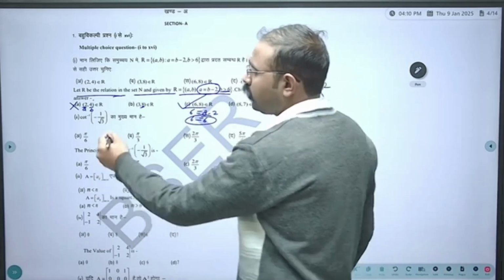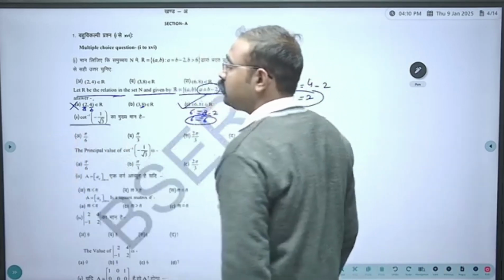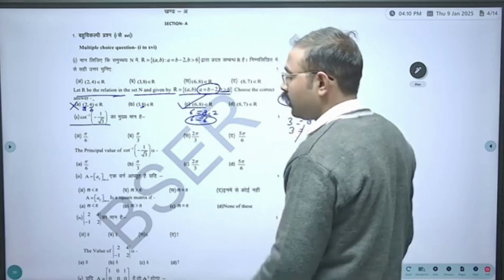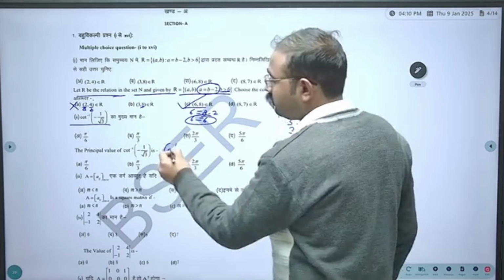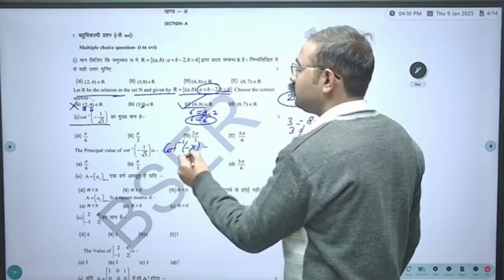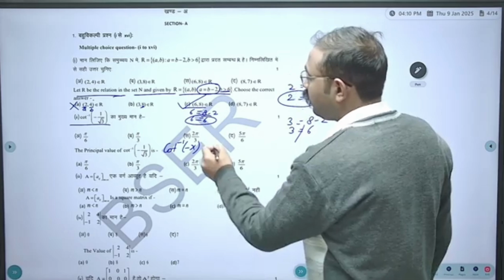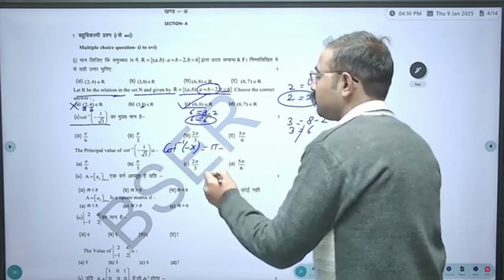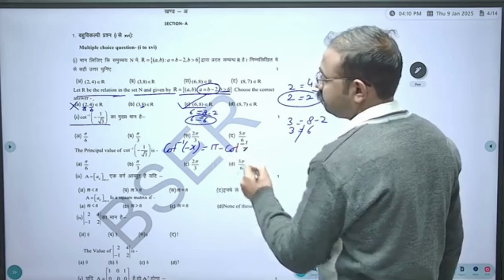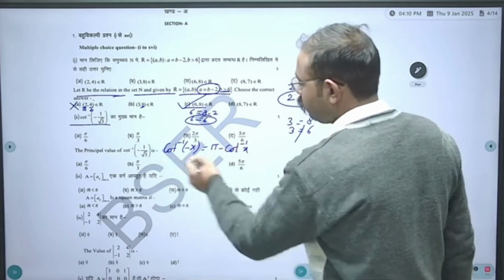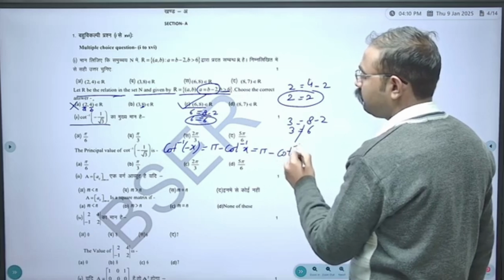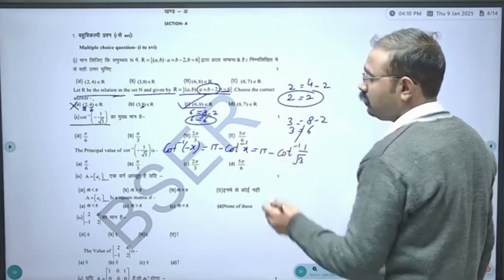Next is cot inverse of minus 1 upon root 3, and we have to find its principal value. We know that cot inverse of minus x is equal to pi minus cot inverse x. For this question, we will have pi minus cot inverse 1 upon root 3.